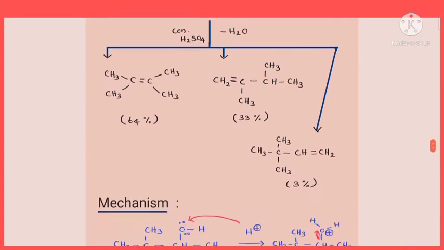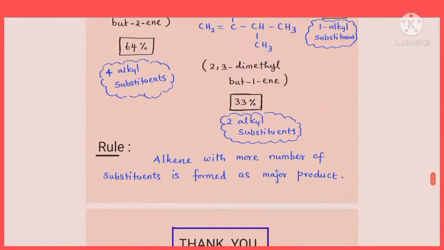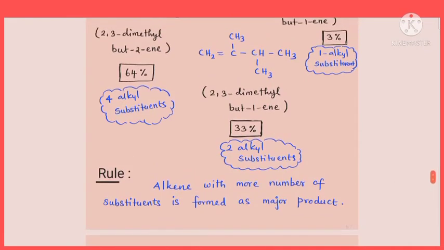So first let us see what Saytzeff's rule says. When an alcohol undergoes intramolecular dehydration, if there is a possibility to form more than one alkene, then the alkene which has the more number of substituents is formed as the major product.